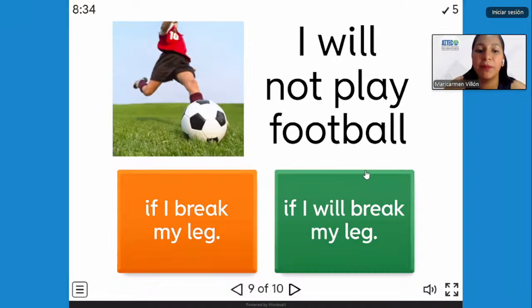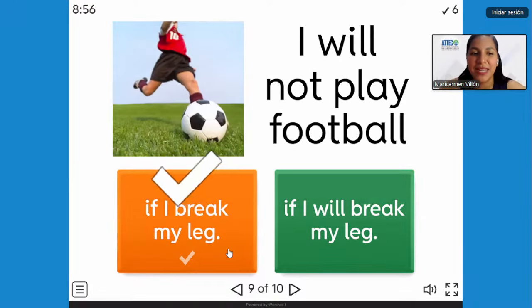I will not play football. If I will break my leg. No suena nada bien eso. Orange. Excellent. If I break my leg.